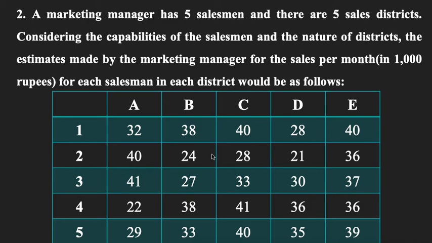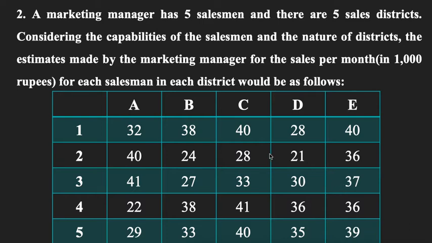So first of all, as this is the profit matrix, to maximize the profit, we have to convert this profit matrix into a loss matrix. Then when we convert it into a loss matrix, it can be minimized.